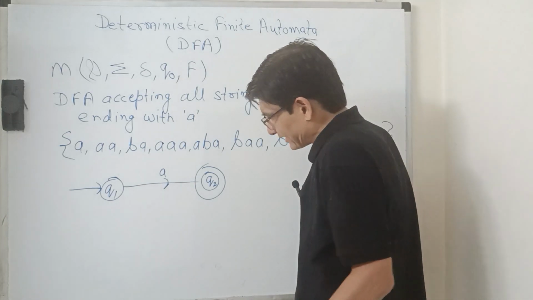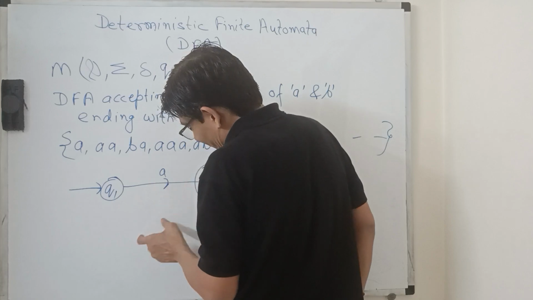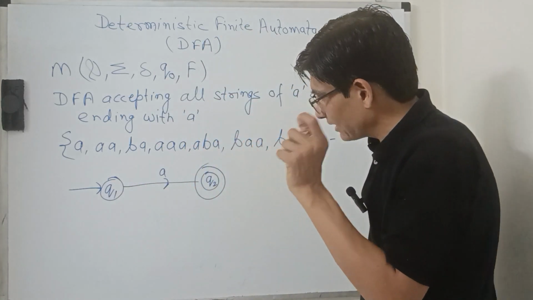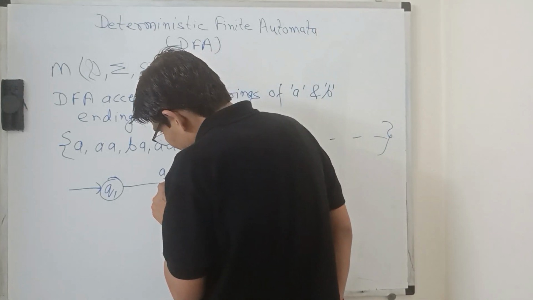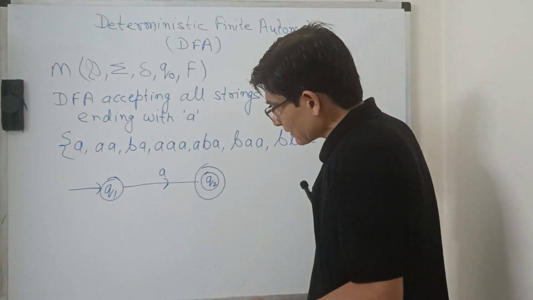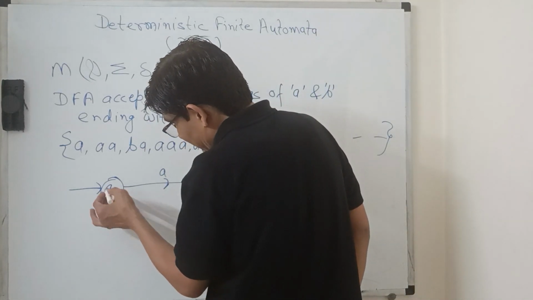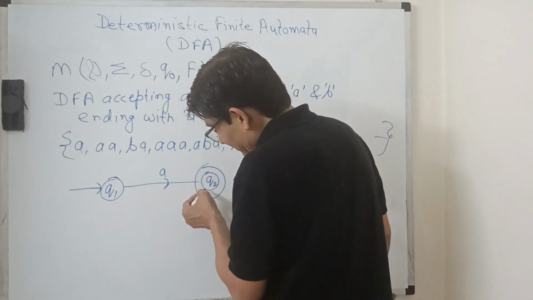So, you can see, friends, once you get A, that must be the last character of the string, right? Before A, you can have any combination of A and B. So suppose in the initial state you get A, then you reach Q2.